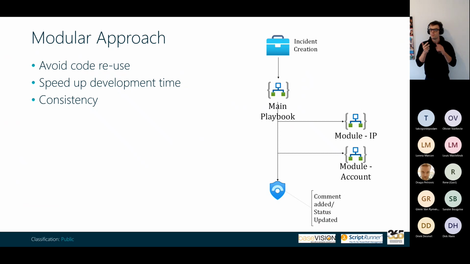And this holds all of the logic to get IP enrichment. It will call multiple threat providers to get the reputation of that IP and send it back to the main playbook. And that main playbook can use that knowledge, that intelligence from that module, without having the complexity to rewrite that code again.